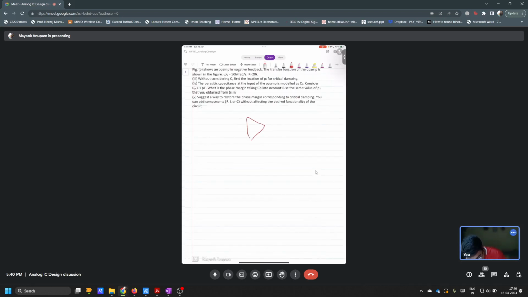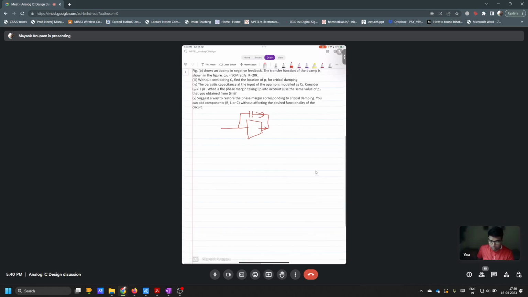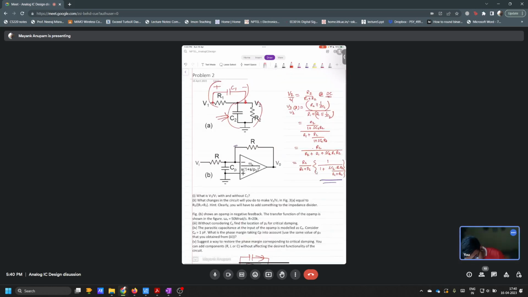In the famous two-stage Miller compensation, there was this current and this current, and these two were adding to form a zero. But here it is not the currents which are adding to form a zero, but the voltages. The voltage drop across this part and this part, these two will add to form a zero.